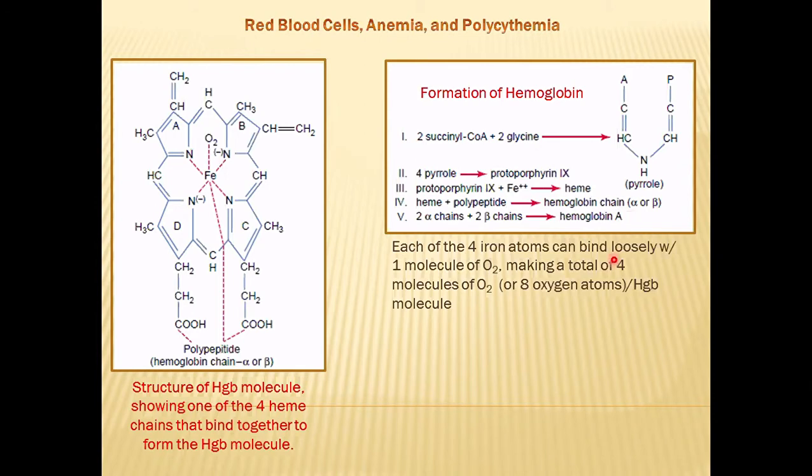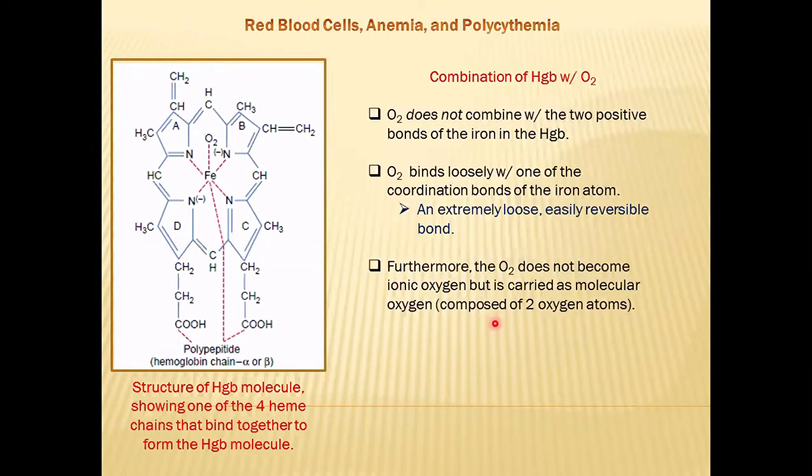So each of the 4 iron atoms can bind loosely with 1 molecule of oxygen, making a total of 4 molecules of oxygen, or 8 oxygen atoms, per hemoglobin molecule. Na-discuss ko na ini sa biochem. Okay.